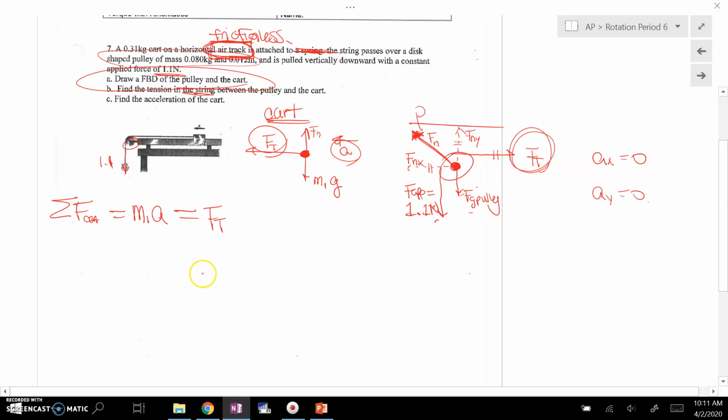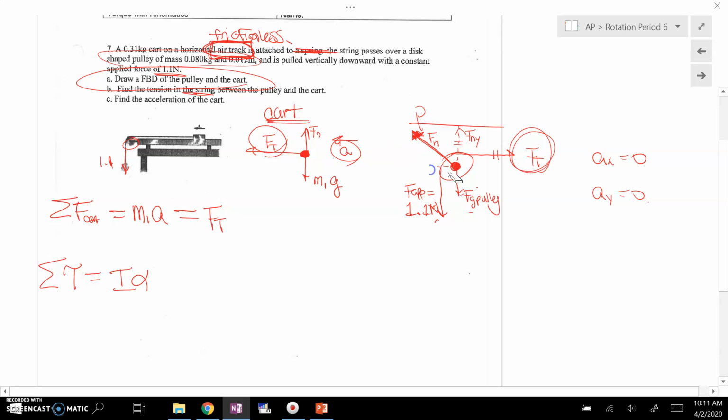Okay, I don't have friction. And then my net torque equation is I alpha.